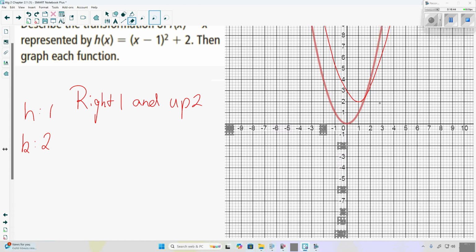And now that we have this picture of it, where does it cross the x-axis? Does it cross the x-axis? So for this here, if we're trying to find the solution where it crosses the x-axis, it doesn't. There are no real solutions, no real values of x that would make this function equal 0.